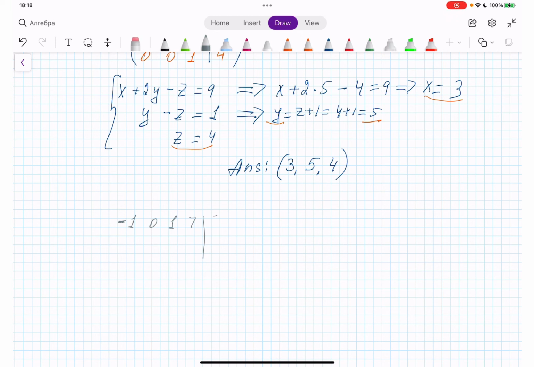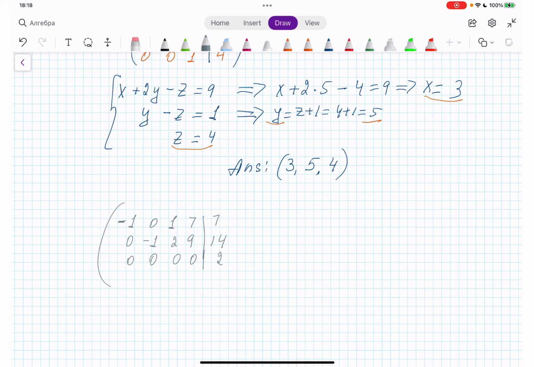And I have 0, negative 1, 2, 9, here is 14, and here I'm getting 0, 0, 0, 0, and I get 2.